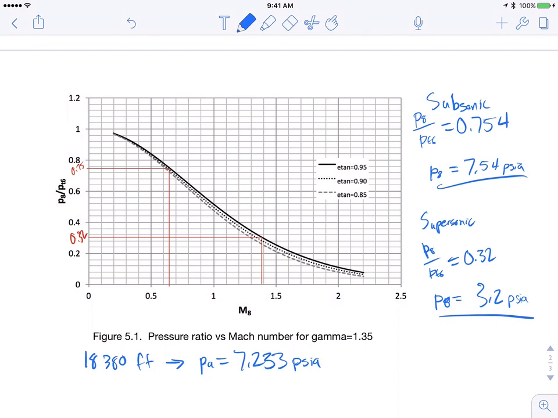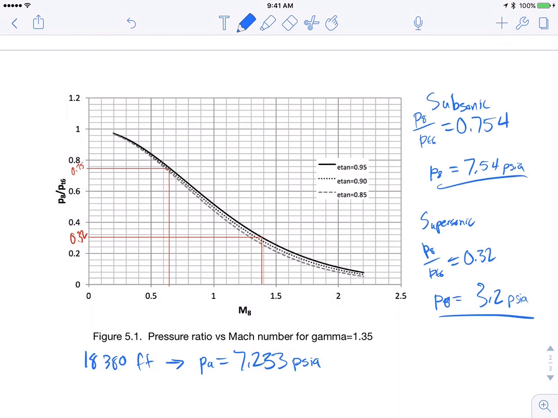Our exit pressure is a little bit lower than subsonic, but it's definitely a lot higher than the supersonic case. So that means we're going to end up with subsonic outflow, but that there has to be supersonic flow at some point in the diverging section. Basically, it's telling us that there's a normal shock wave occurring somewhere in the diverging section of our nozzle.